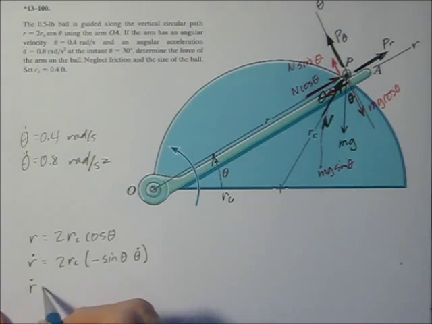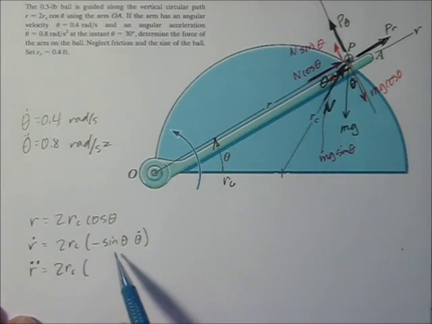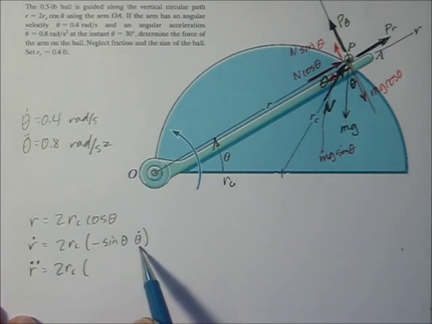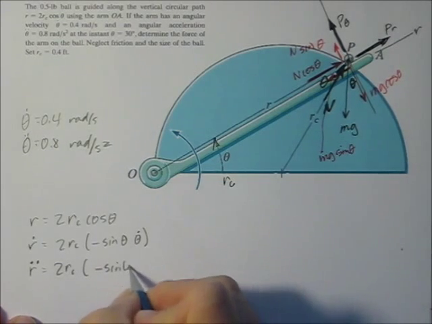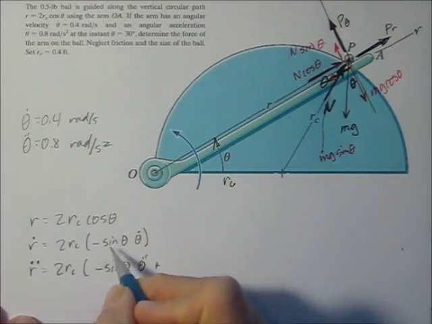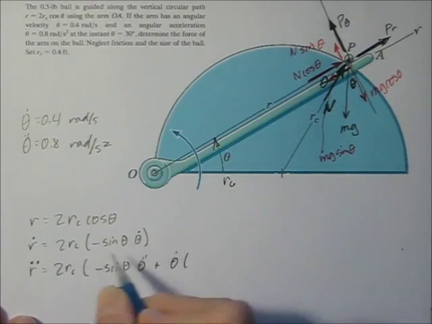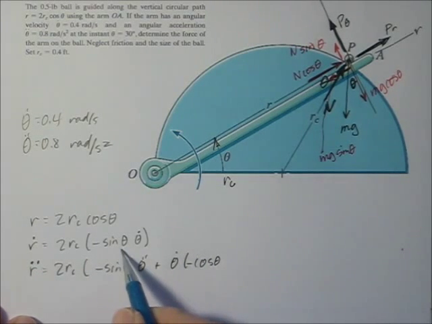Now to do r double dot, I need to do the product rule. So again, 2RC is a constant, and I'm going to say that is my u and that is my v. So I'm going to say u times the derivative of v, so that would be minus sine theta double dot, plus v times the derivative of u. Theta dot, the derivative of the minus sine is the minus cosine, but that minus cosine is the derivative of sine with respect to theta, and I also need d theta d theta, then d theta dt.